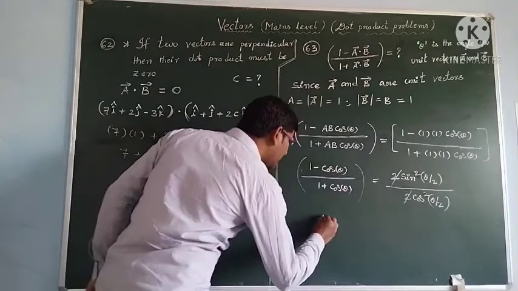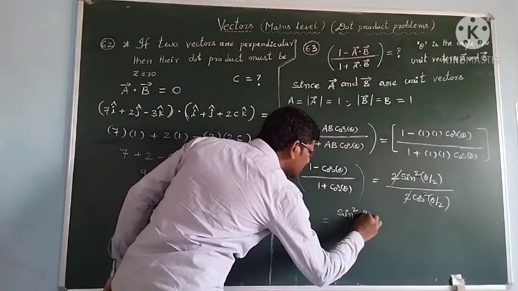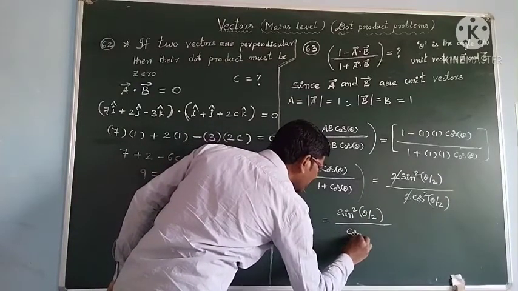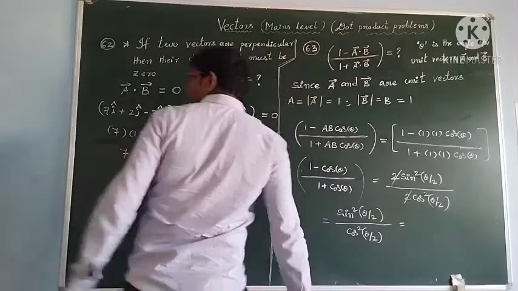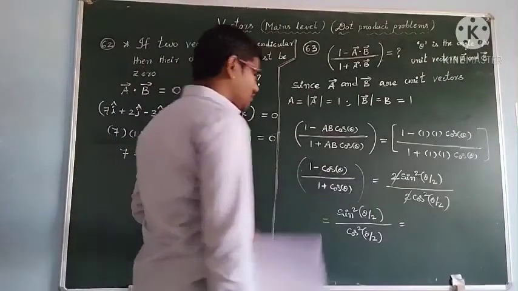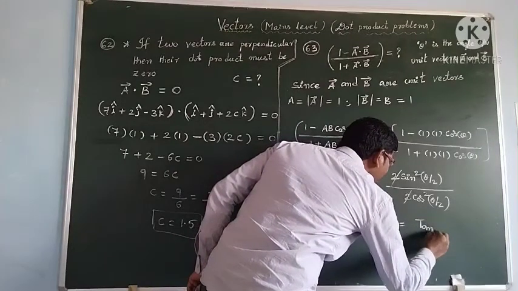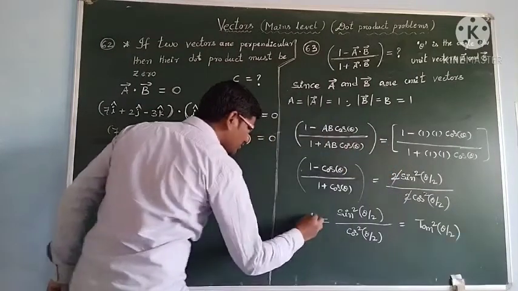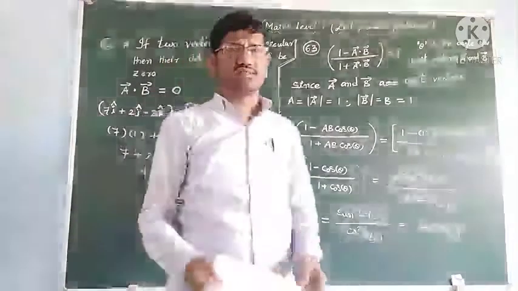We get sin square theta by 2 by cos square theta by 2, which is tan square theta by 2. So this is the answer for problem 63.